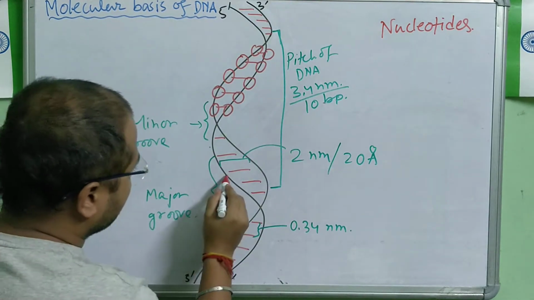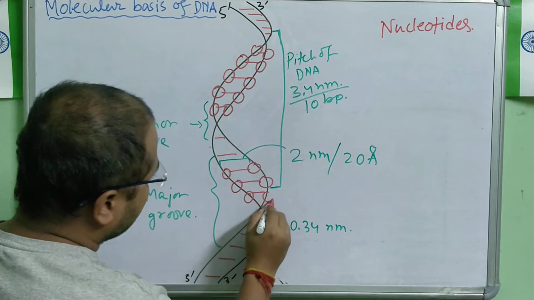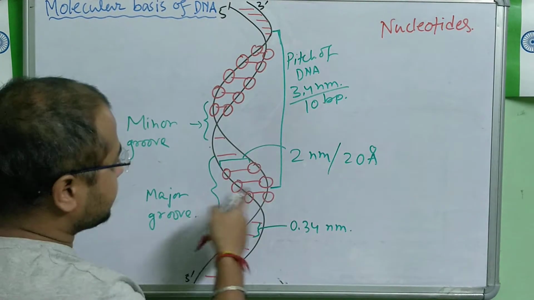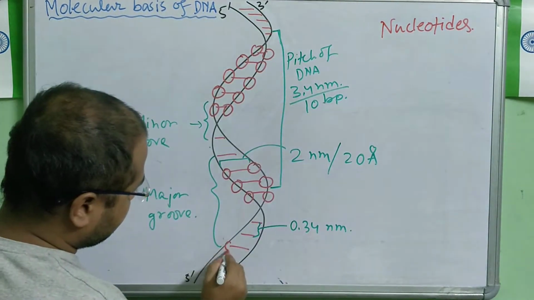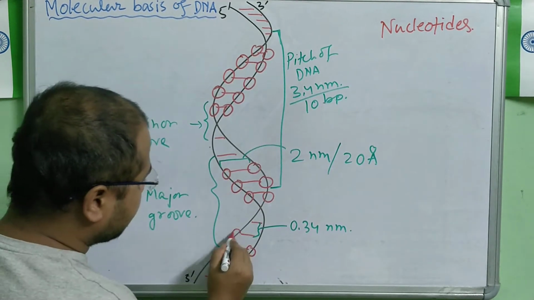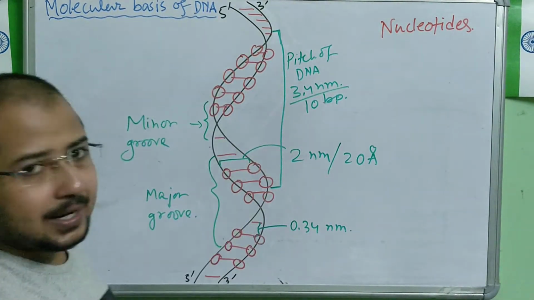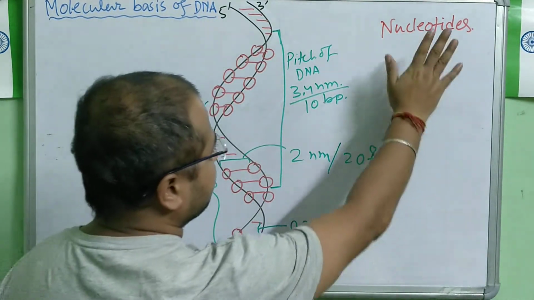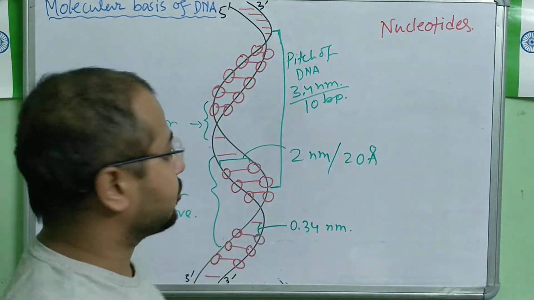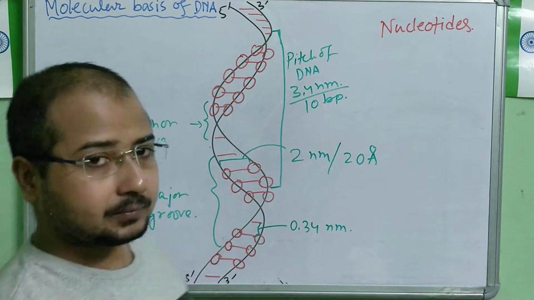Here I'm just showing a few locations of the nucleotide molecules. On both the strands, the nucleotide molecules are there, one after another. So the entire strand is actually made up of the nucleotide molecules. Each of these is a nucleotide molecule.